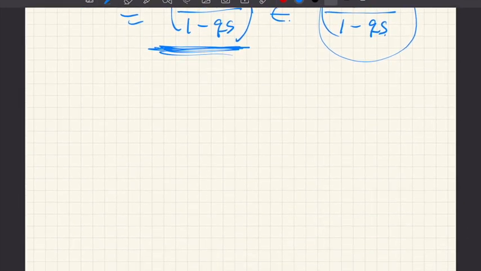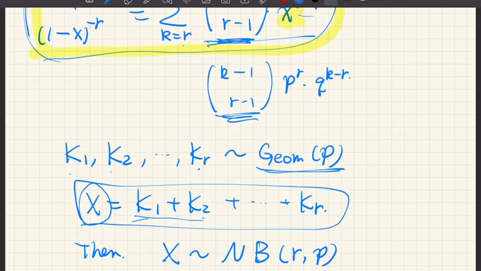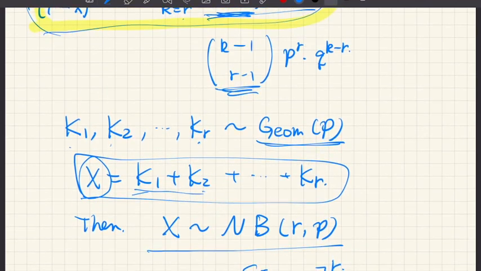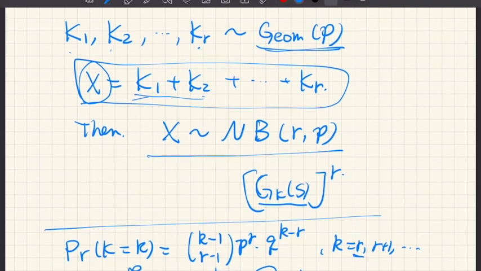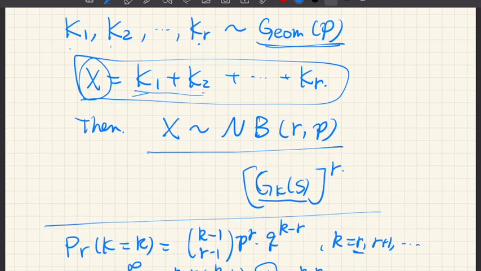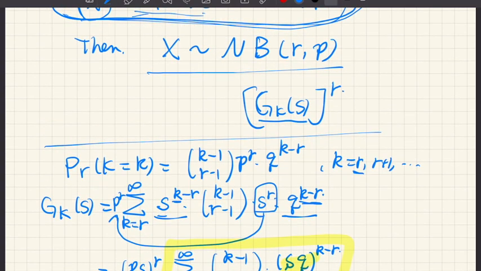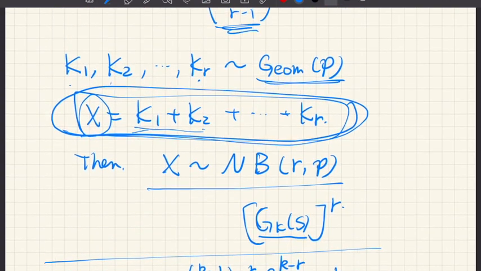That means the probability generating function of this random variable is the same as the probability generating function for the negative binomial distribution. So those distributions are equivalent. They are the same.